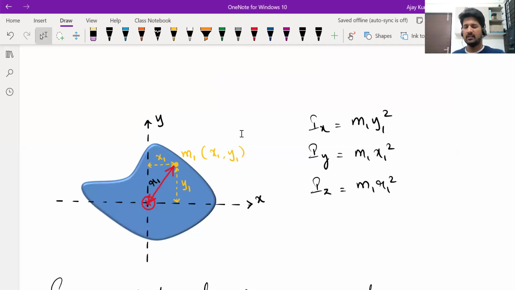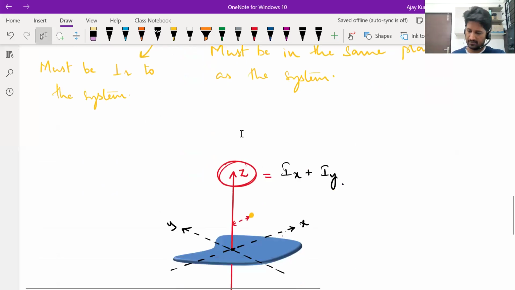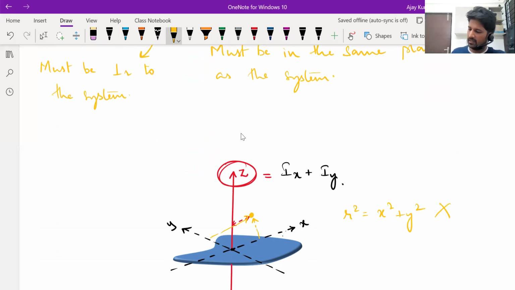Similarly, if the point is somewhere else, like here, then its distance from the X-axis will be some value like this, and its distance from the Y-axis will be some other value like this. They are not the X coordinate and Y coordinate of the object. Then R square is equal to X square plus Y square won't be valid if the system is not planar.